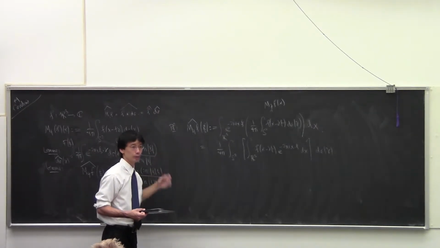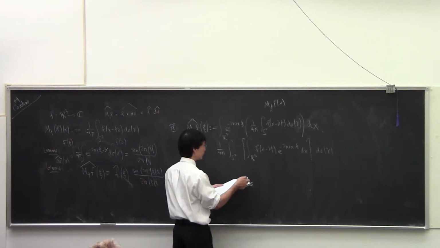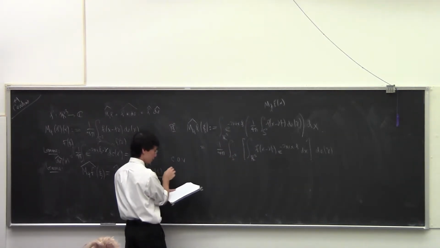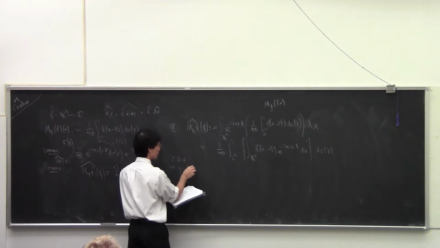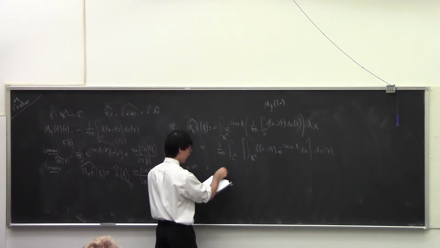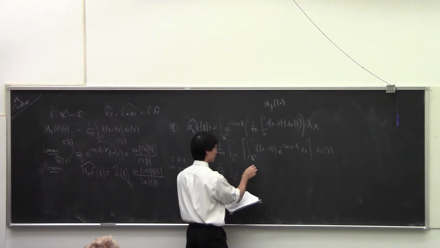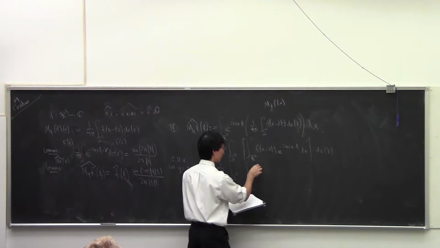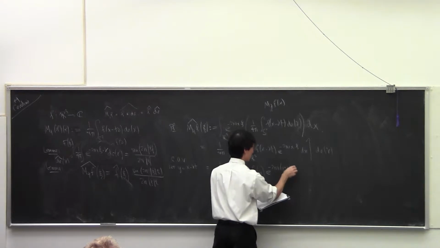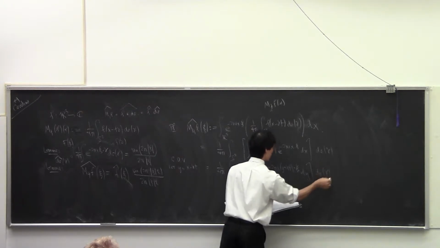Use Fubini's theorem and we change the order of integration, and then you change the variables. Let y be x minus gamma t. We rewrite this as the integral of f of y e to the negative 2 pi i (y plus gamma t) dot c dy dx.